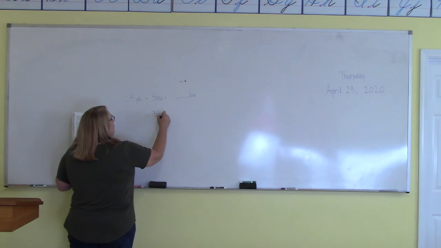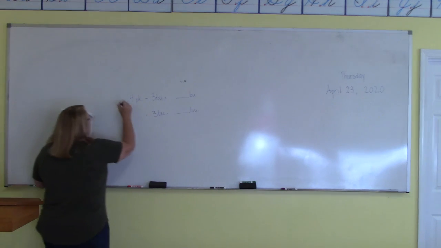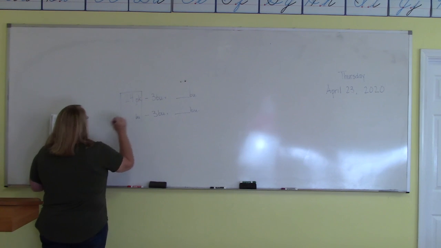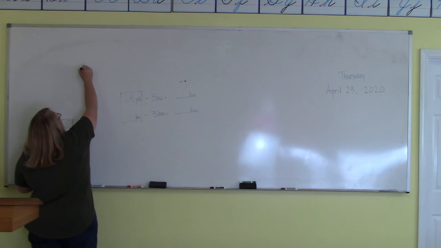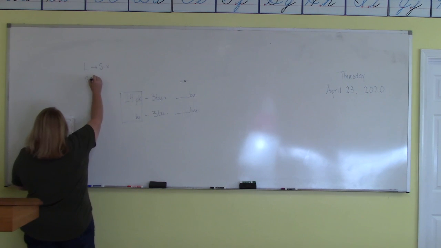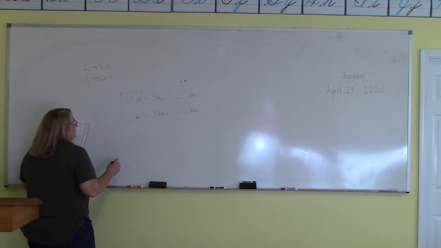You don't have to change this one because this is what they're asking for. So we have to convert pecks into bushels. Remember, when you're going from a large unit to a small unit, you multiply. And when you're going from a small unit to a large unit, you divide.